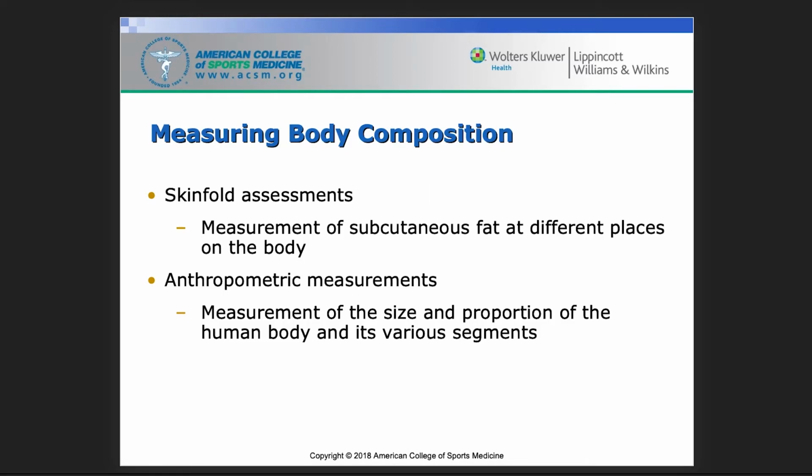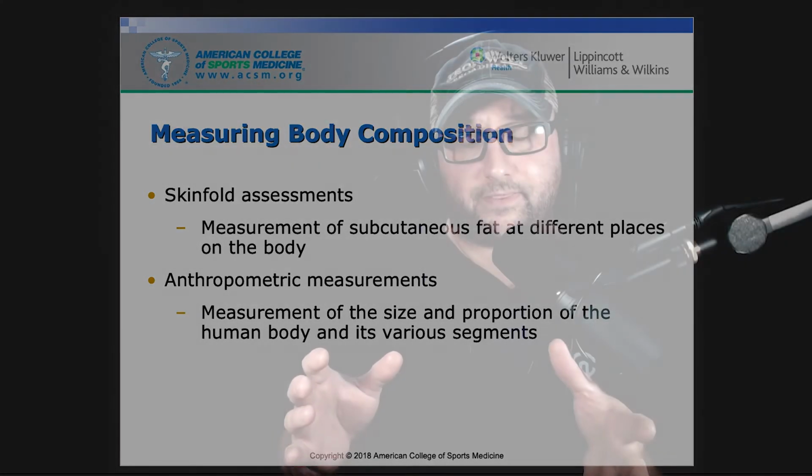There's a lot of different sites to actually measure. The most common is a 3-site skin fold, and it's actually a little bit different for males versus females. To go a step further, maybe something a little bit more accurate, is a 7-site skin fold. I think there's other ones that are 10, 11, 12, I think up to 13 or 14 skin fold sites.